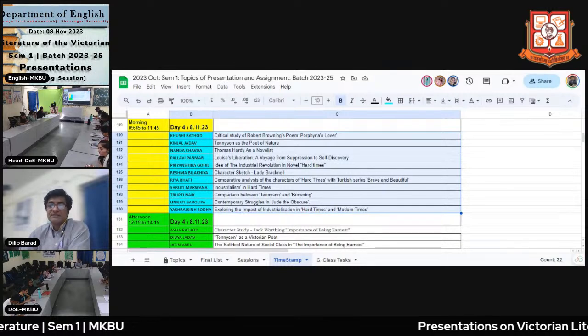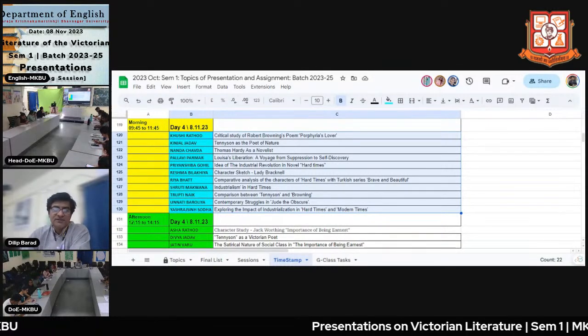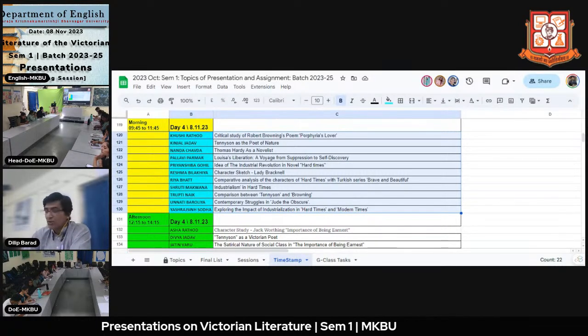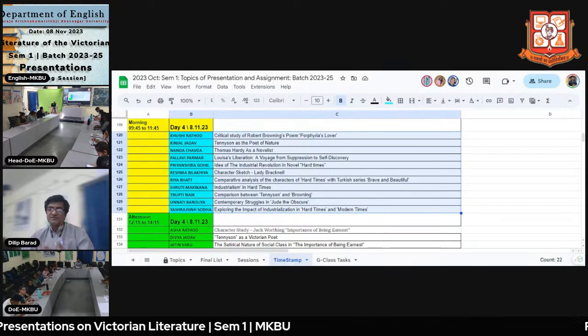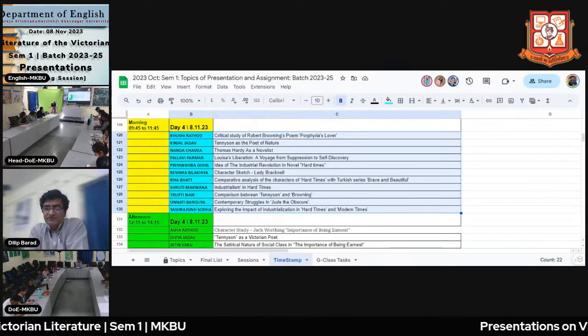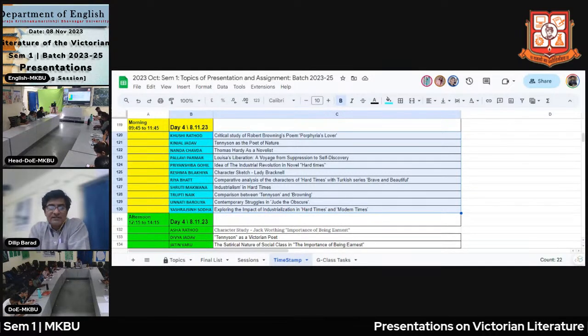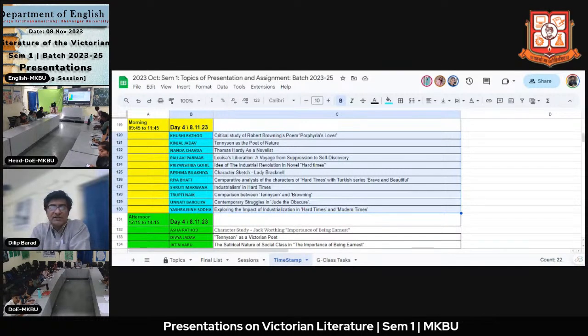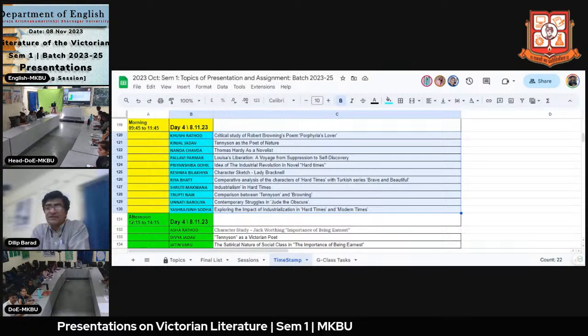If you want to stress the industrial revolution, then you can put that in single inverted commas. Otherwise, the can be with a small t. Idea of the industrial revolution in the novel, or you can rather say with the author's name, apostrophe s, Charles Dickens's Hard Times.